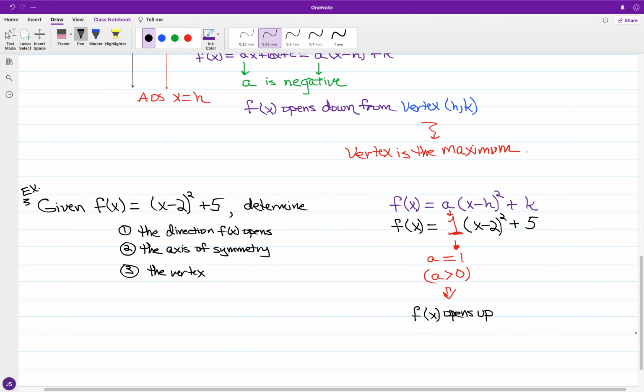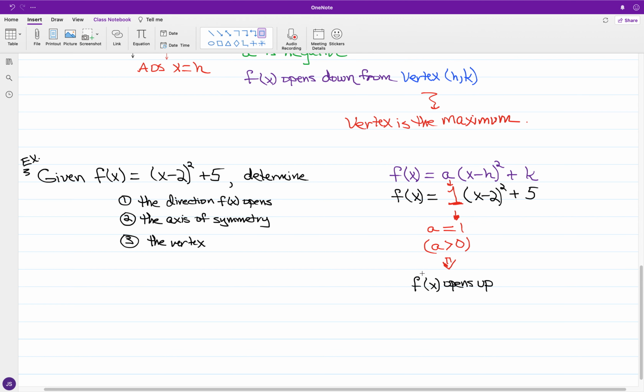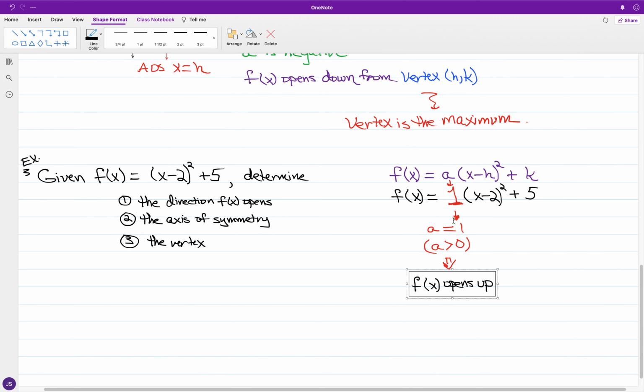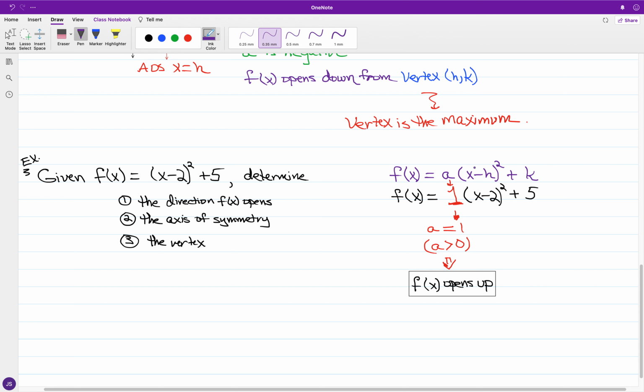Now in terms of finding out what h and k are going to be, let me mention something. First of all, the graph does open upward, and that's contingent upon the sign value of the leading coefficient a. Now for the axis of symmetry, this is going to originate from the x minus h portion.